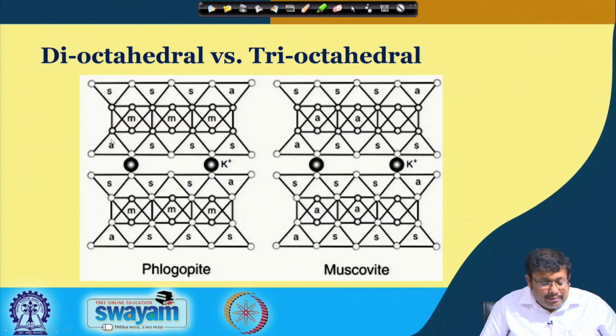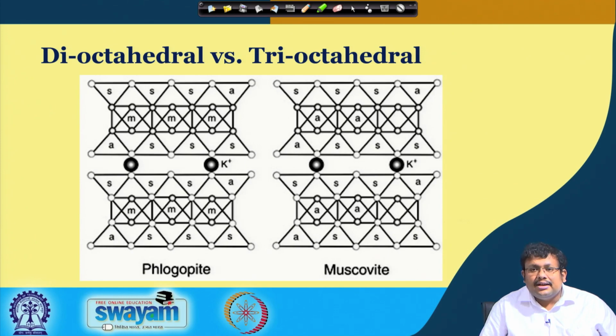So, this is an example of a trioctahedral structure and this is an example of a dioctahedral structure. Now, you can see this is a tetrahedral sheet, this is another silica tetrahedral sheet, and this is an octahedral sheet sandwiched in between. The octahedral sheet has 3 octahedral positions, 1, 2, 3. Here you can see 1, 2, 3. So, if all the octahedral positions are filled by cations, then it is called the trioctahedral structure.